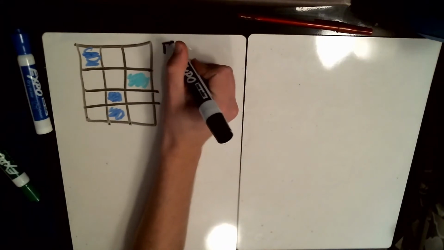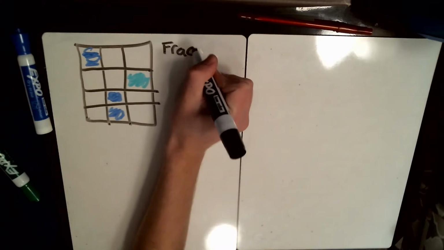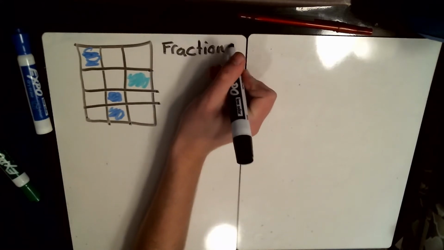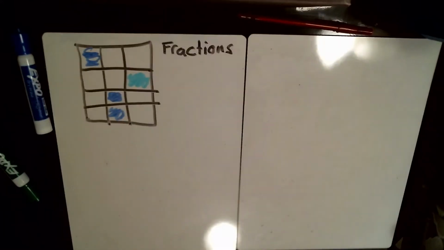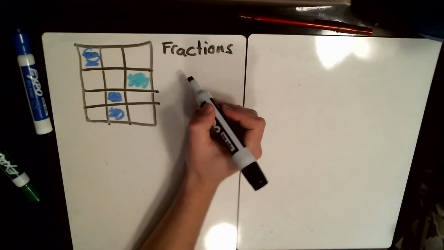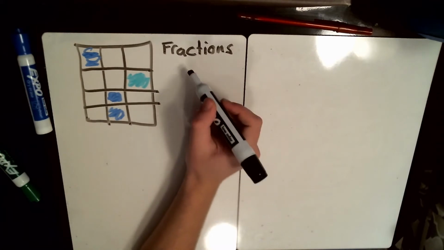And what we're going to be looking at today are what are called fractions, right? I know you've seen fractions before. You should have done them in elementary school, and probably junior high as well. Fractions are of the form when you have one number divided by another number.